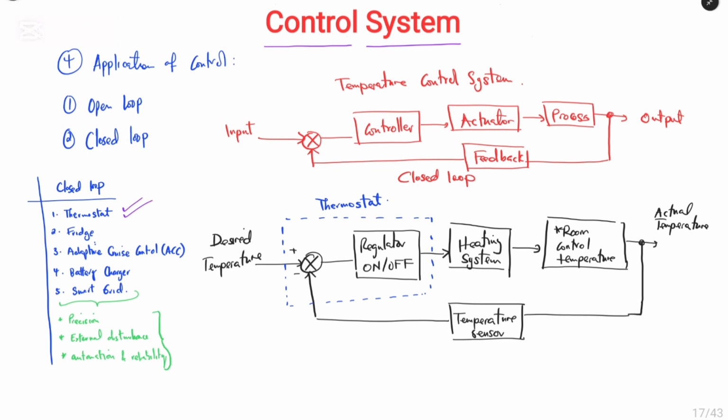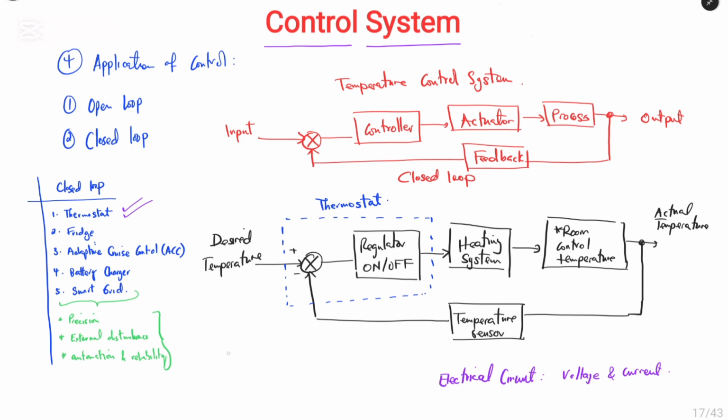Now I want you to remember that this is an electrical circuit. When we say electrical circuit, it mostly deals with voltage and the current. And this voltage and current, they have a relationship with the temperature.